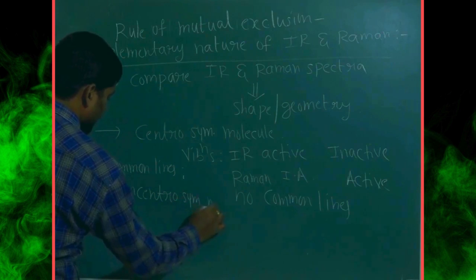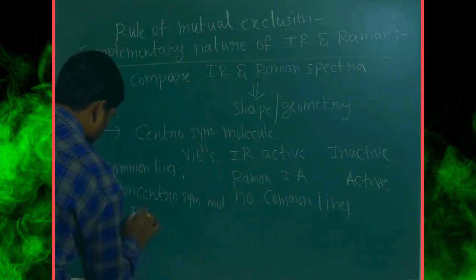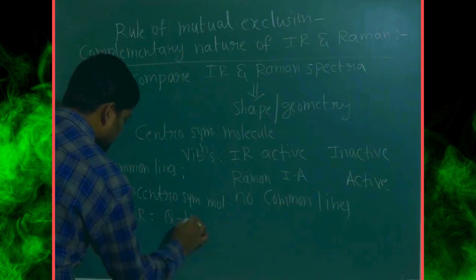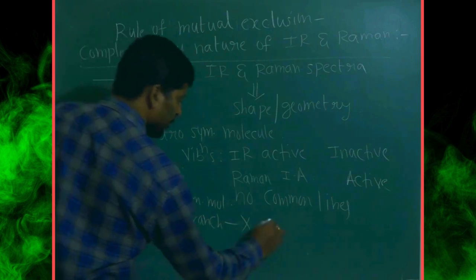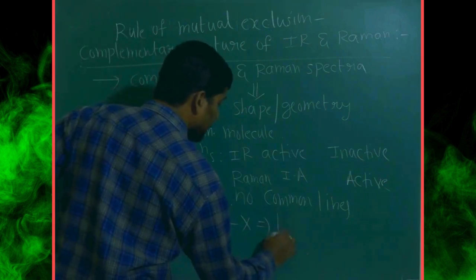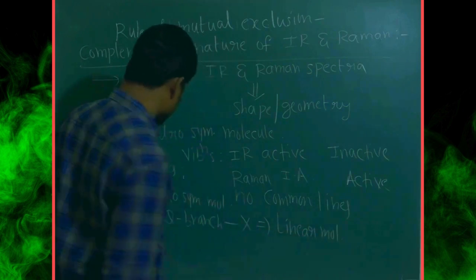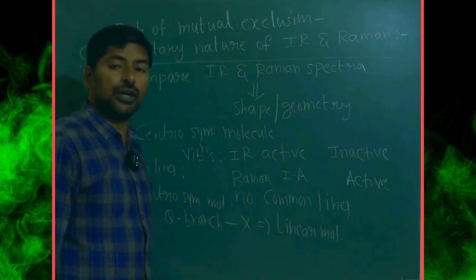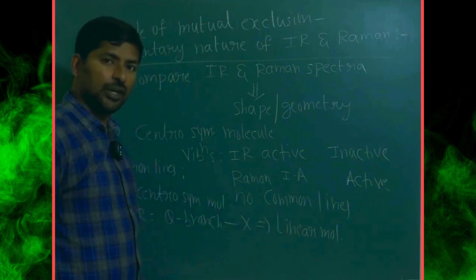And already I told you, from IR spectroscopy, if Q branch lines are absent, then that is a linear molecule. So based on that, we can verify whether it is a linear or non-linear molecule.